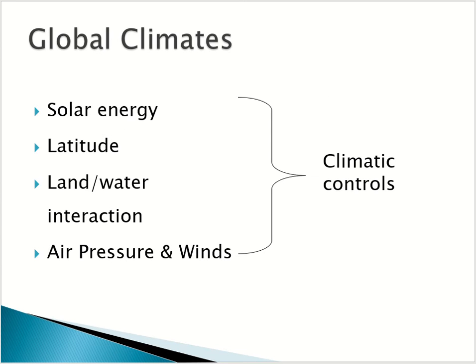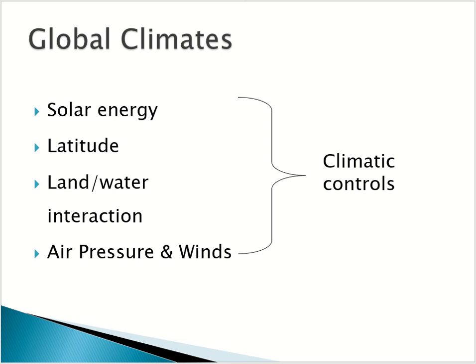When we talk about climate, you can think about that expressed in variables like temperature or in rainfall, precipitation, if you think includes snow. But when we think about what gives rise to the observed global variation in temperature and typical rainfall patterns, we talk about things called climatic controls.